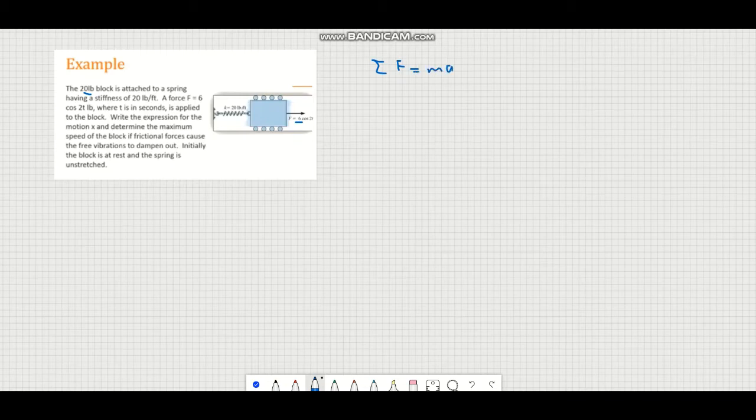All the forces acting make the block move, which is ma. The force is acting and the spring is pulling back, so F minus kx is going to give us the motion, which is ma. Instead of a, we can write x double dot, right?